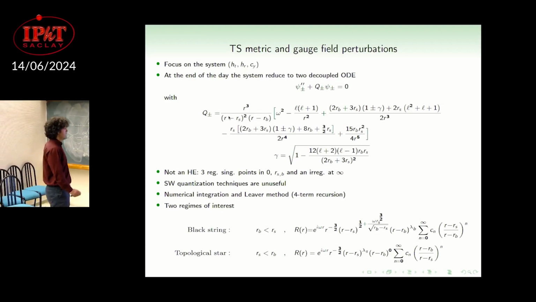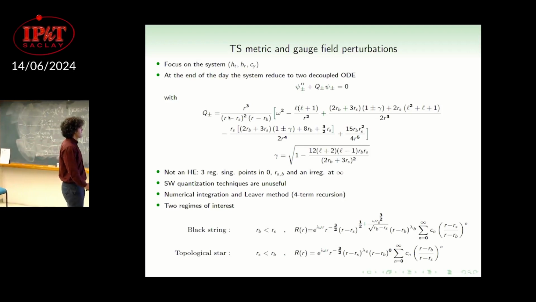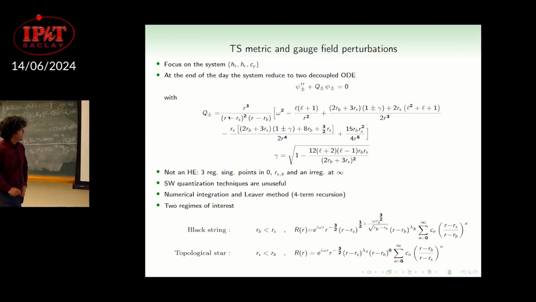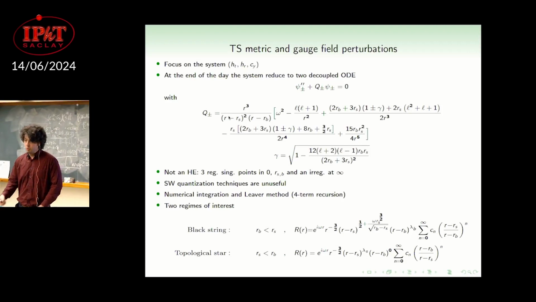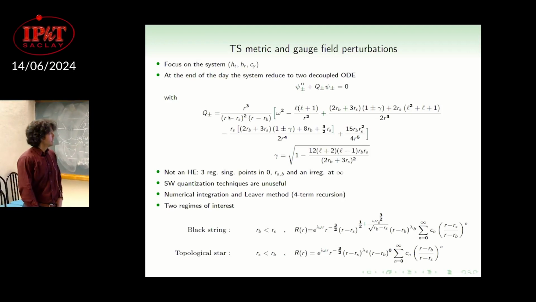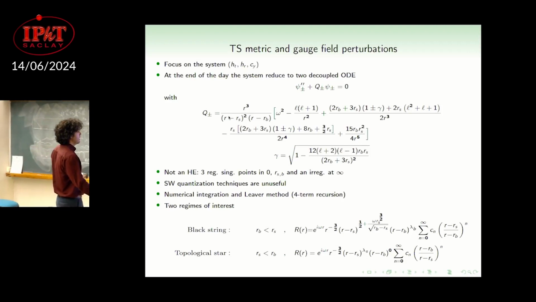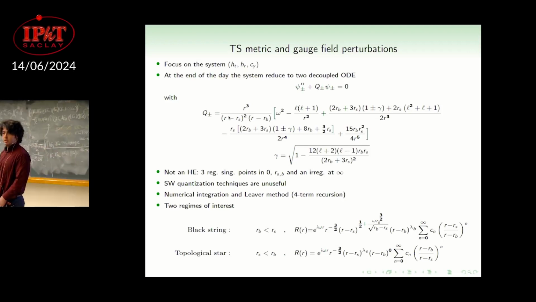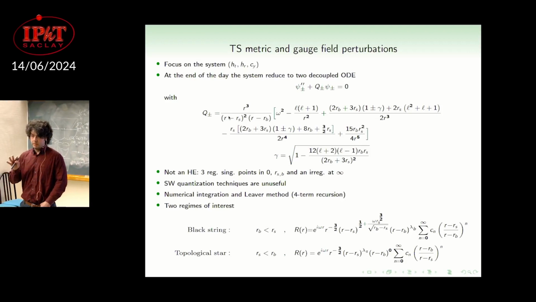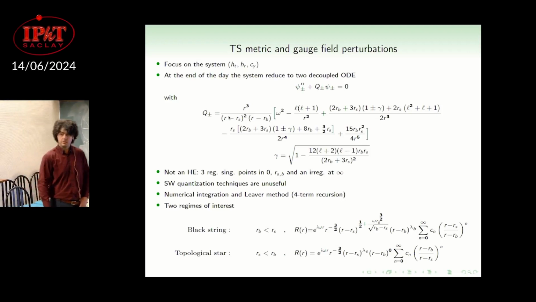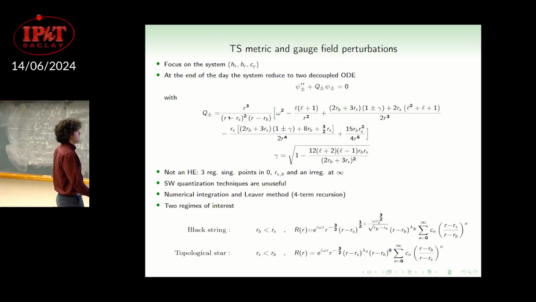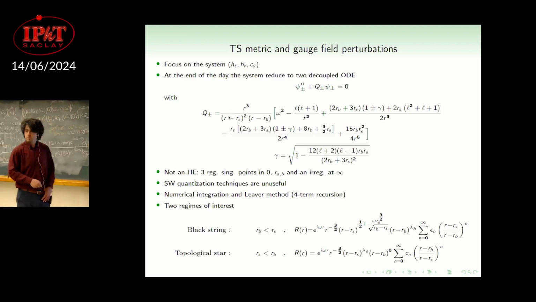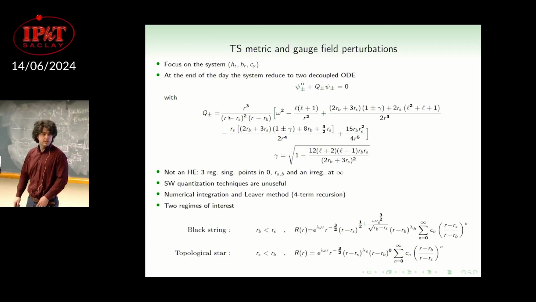So we tried to estimate the quasi-normal mode frequencies by using the shooting method, the numerical integration, and using the Leaver method. In this case the Leaver method has 4 terms in the recursion relation. The regimes of interest are 2, as I already said.